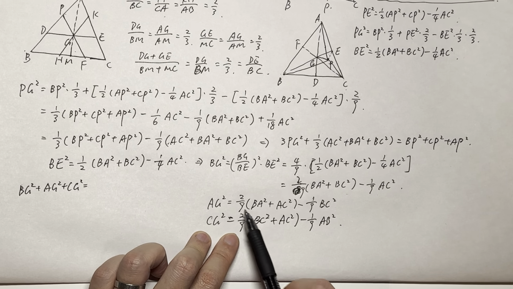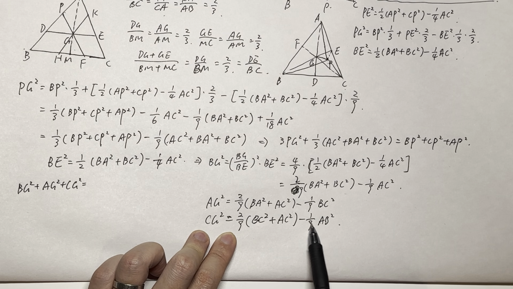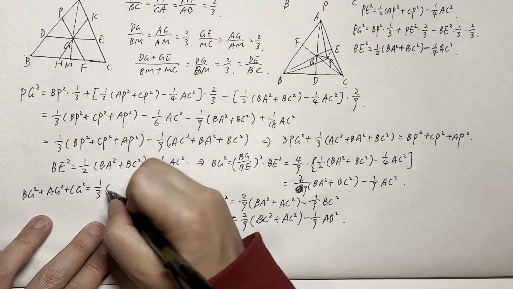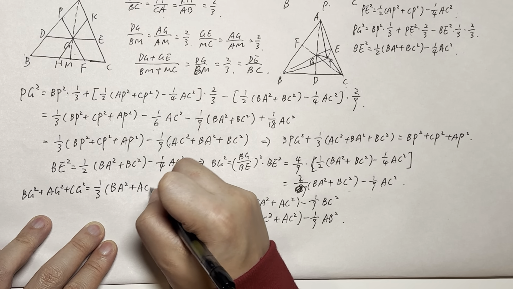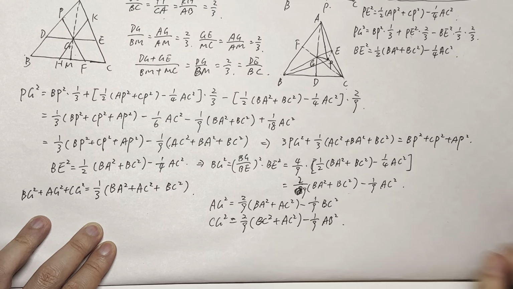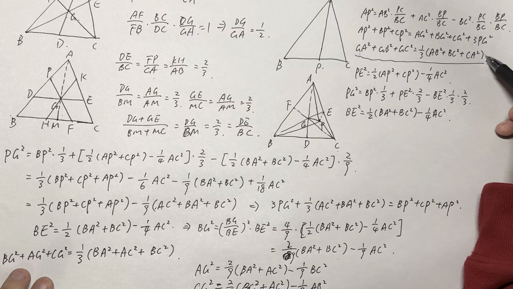See, for each term it's 4/9 minus 1/9, so that's 3/9, which is 1/3, right? So 1/3 of BA square plus AC square plus BC square, right? So look at here and here, we just proved it.